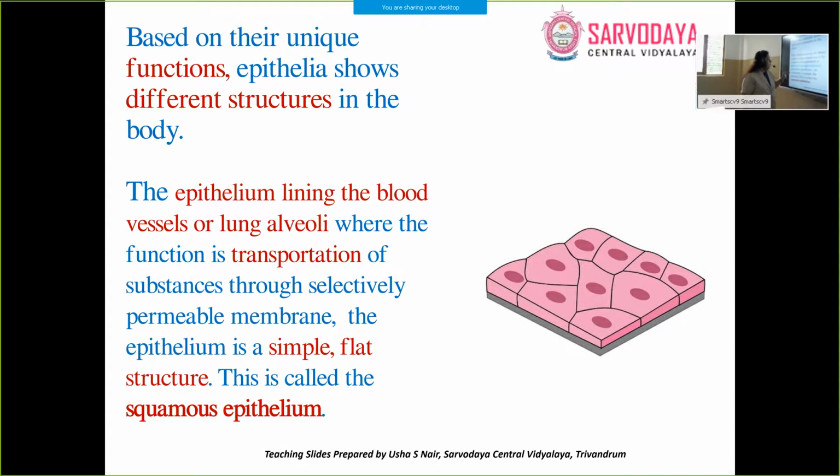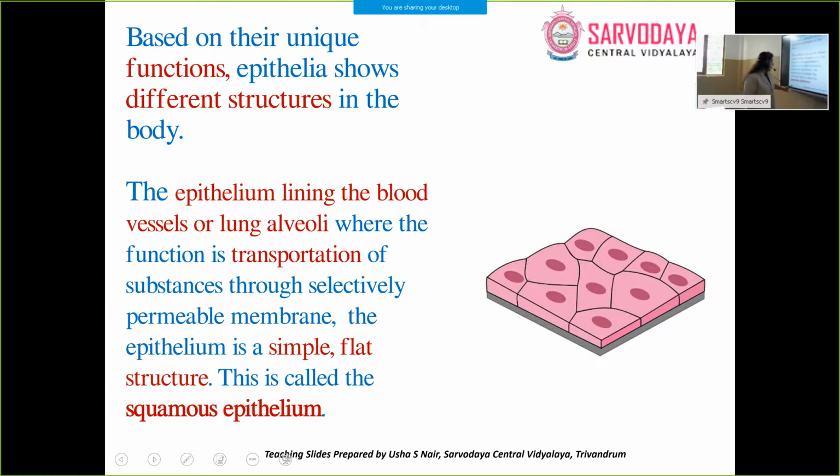The same thing we know from before. The epithelium found here is a simple flat structure. This is called squamous epithelium, found in the lining of the blood vessels or the lung alveoli.